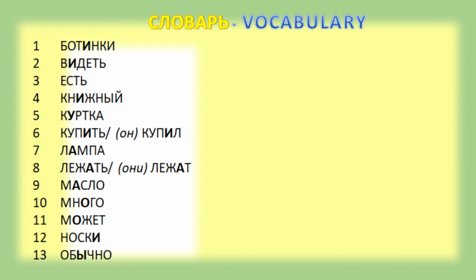Vocabulary. Словарь. Ботинки. Видеть. Есть. Книжный. Куртка. Купить. Купил. Лампа. Лежать. Лежат. Масло. Много. Может. Носки.